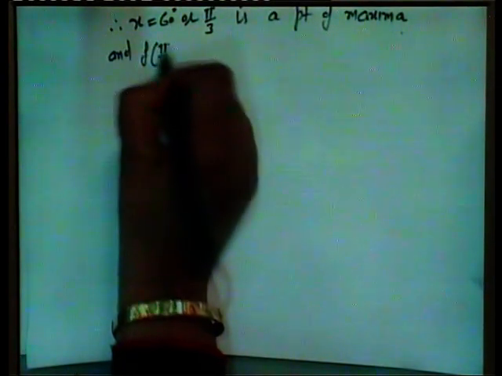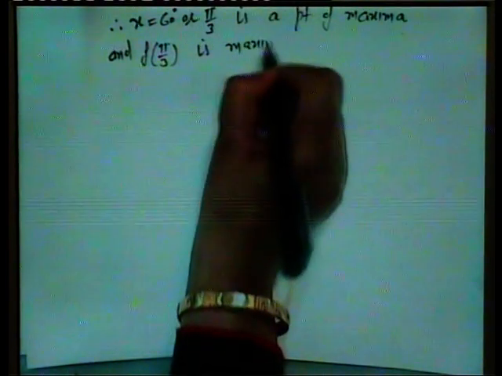Therefore, x is equal to 60 degrees or pi by 3 is a point of maxima because the double derivative is negative, and f(pi/3) is the maximum value.